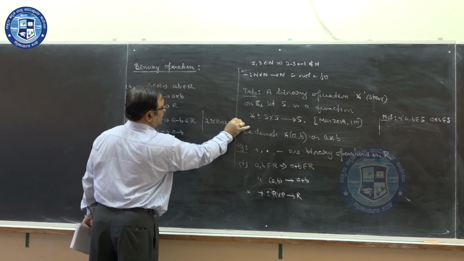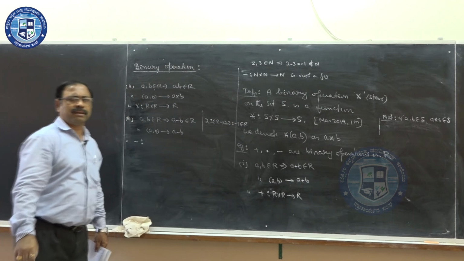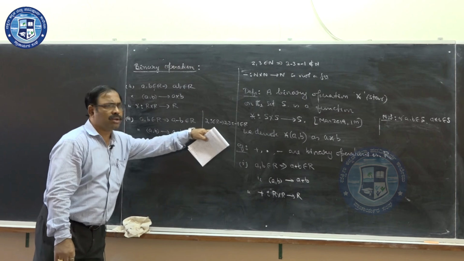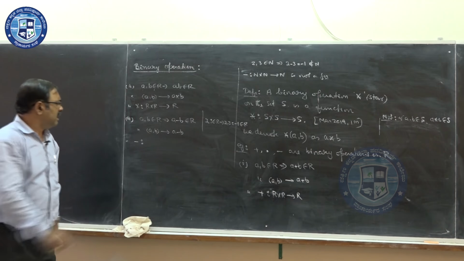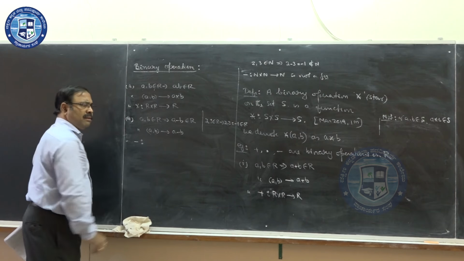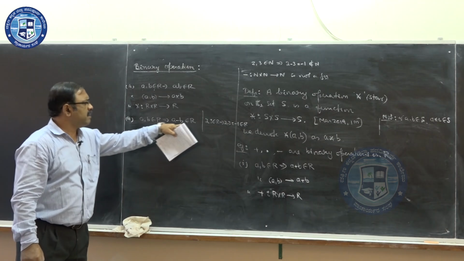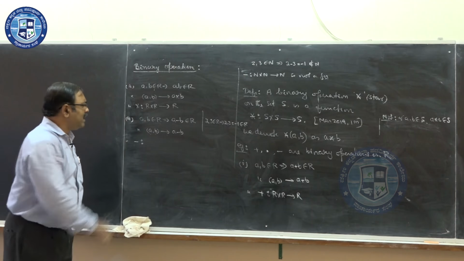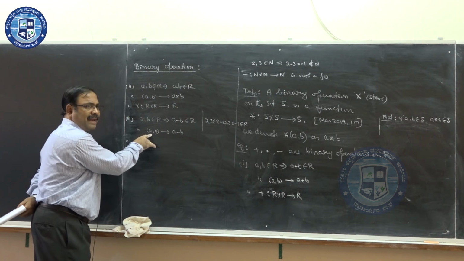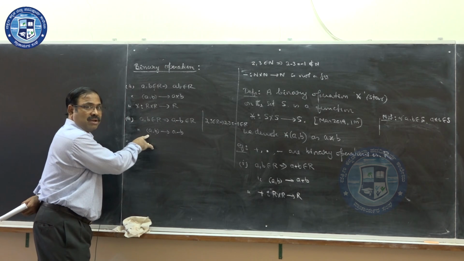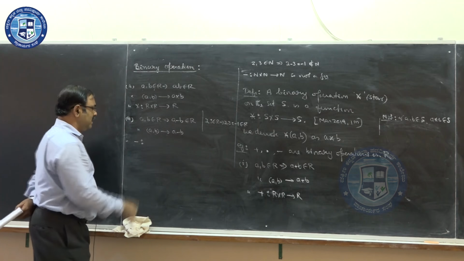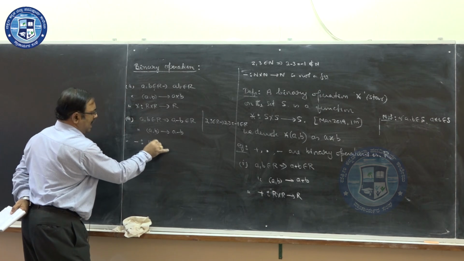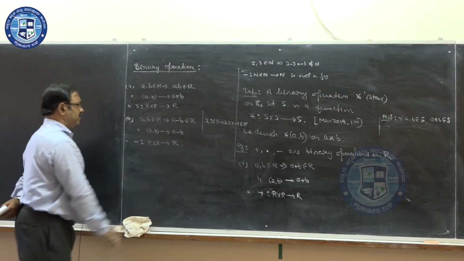What is 2 minus 3? Minus 1 belongs to R. What is the meaning of that? This is an ordered pair A, B associated to an element of the same set. So, it is from R cross R to R.